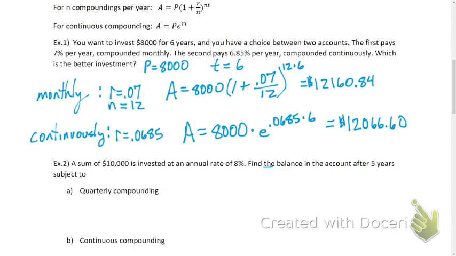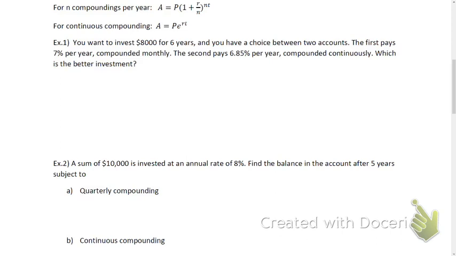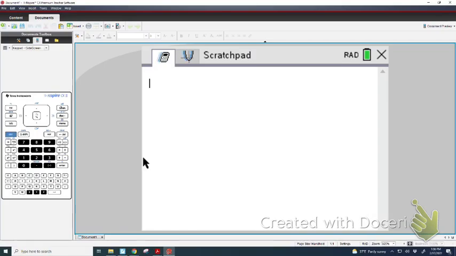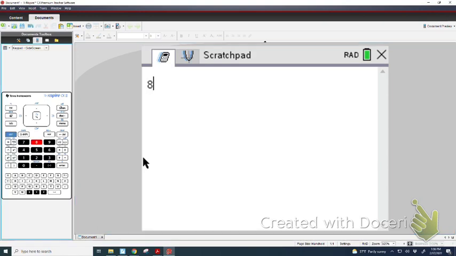All right, let's look at the calculator just in case someone needs help typing this in. You just want to go slow, use parentheses, and we're doing $8,000 times parenthesis 1 plus. If you press Control Divide, it'll give you a nice fraction.